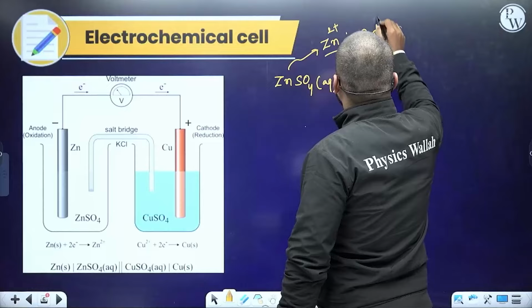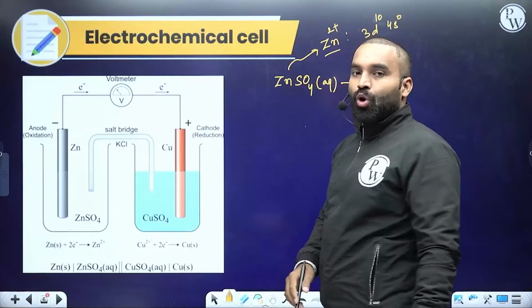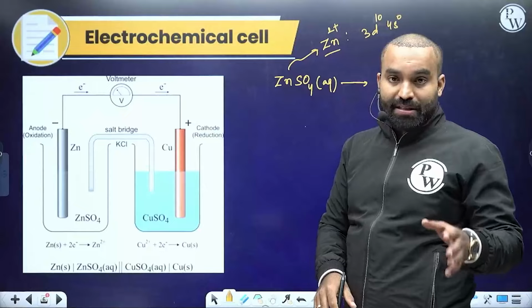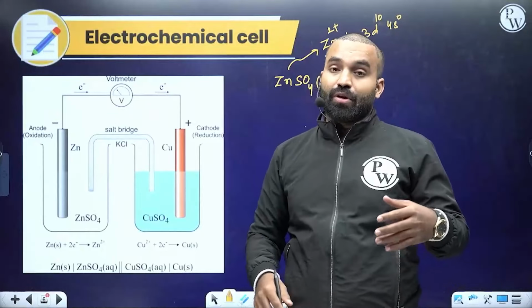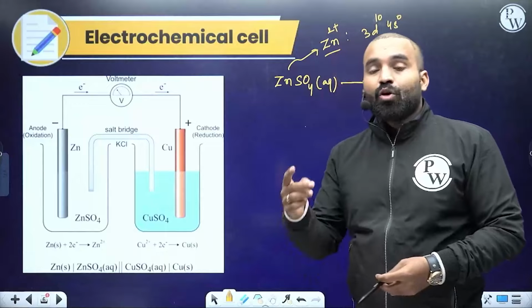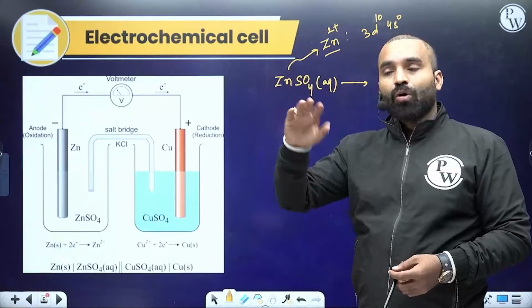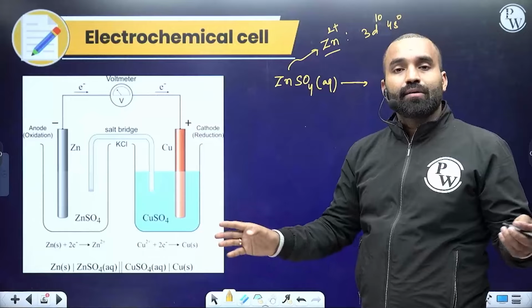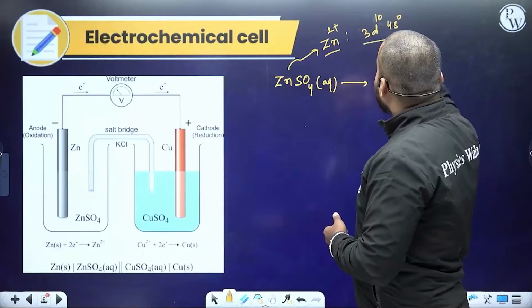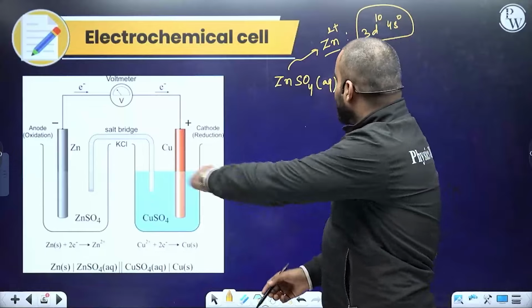It is 3d10 4s0. If there are no unpaired electrons in the d orbital of the d block elements, there will be no possibility of electron jumping from HOMO to LUMO, and absolutely no color. So zinc 2 plus is a colorless material.